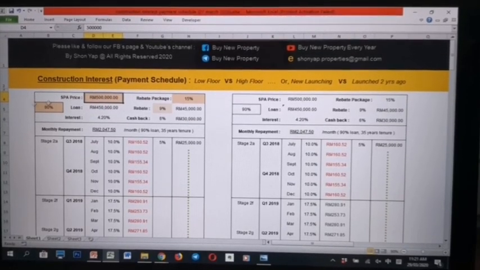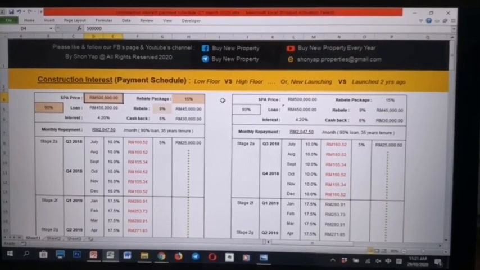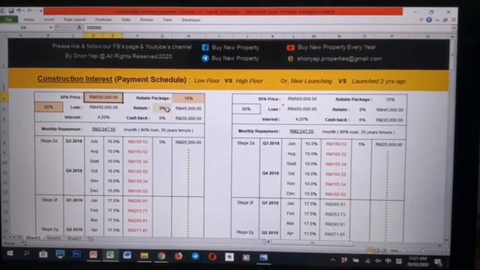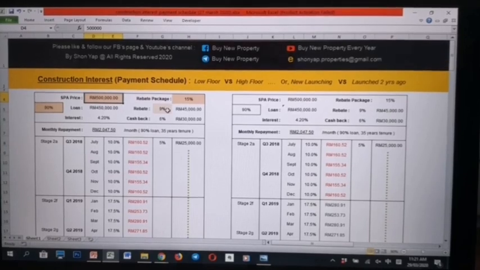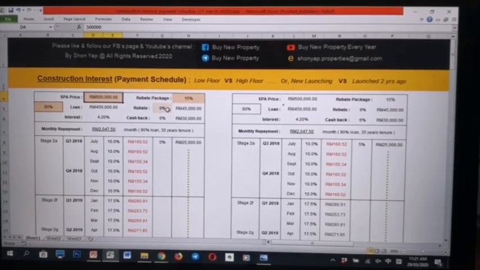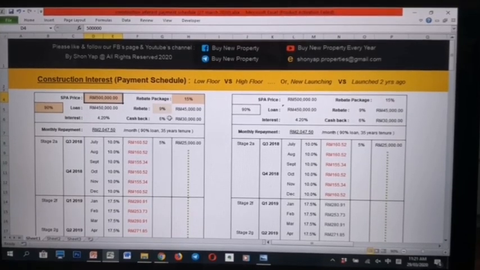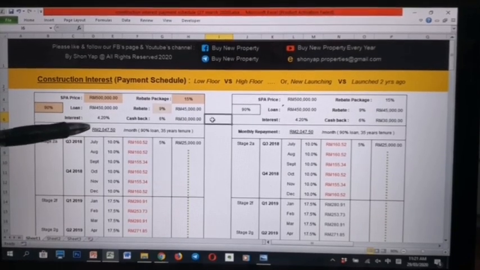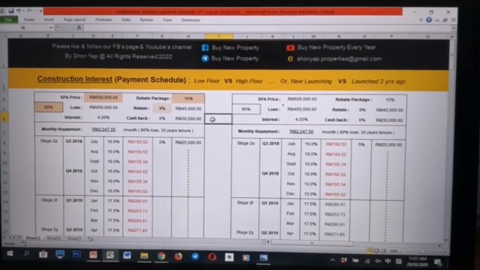Later I'll show the more exact unit price. And the rebate is maybe about 15%. The upfront rebate at stage 1 is 9%. You have to pay 1% down payment as standard, so you can get back the 6% cashback. So the monthly installment is about 2,000 plus, with a 90% loan and a 35-year loan.